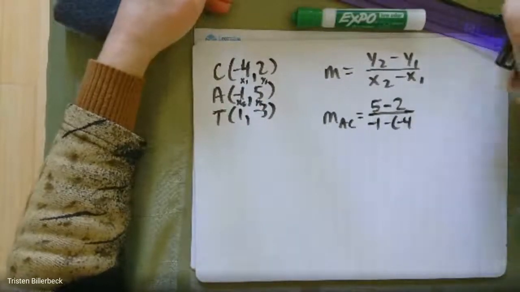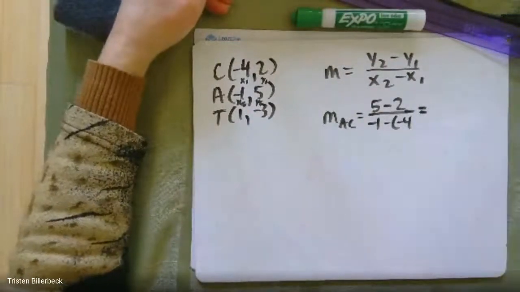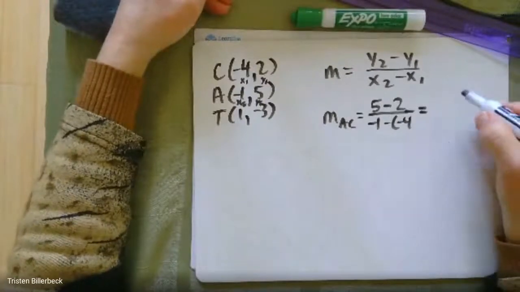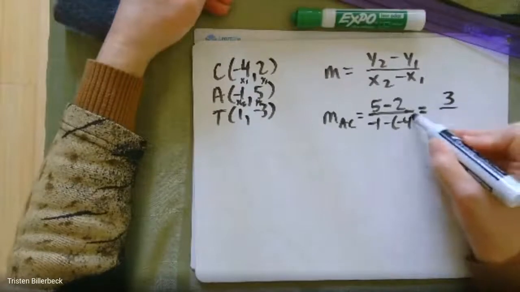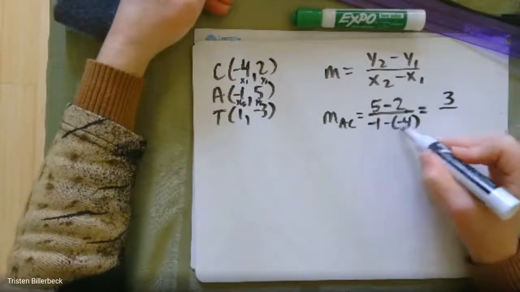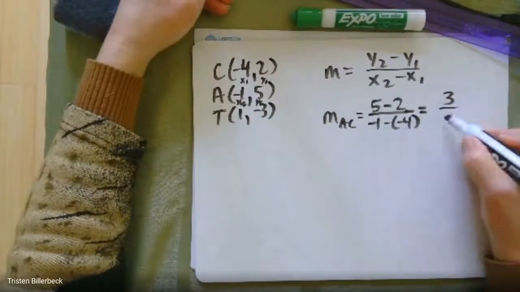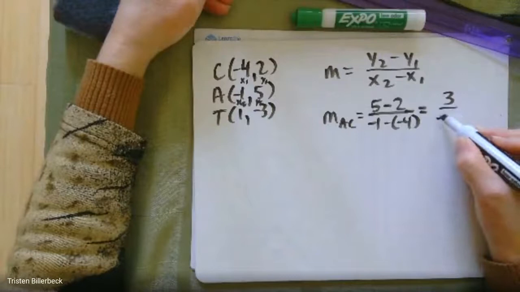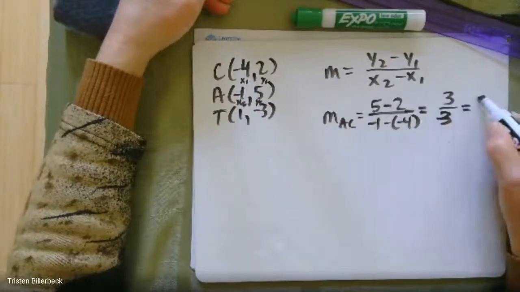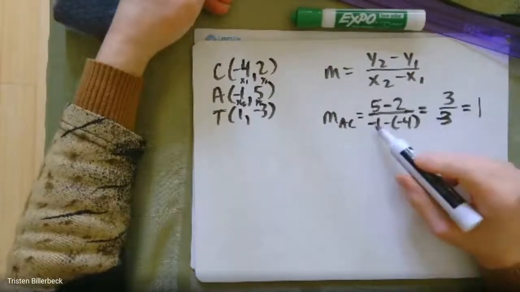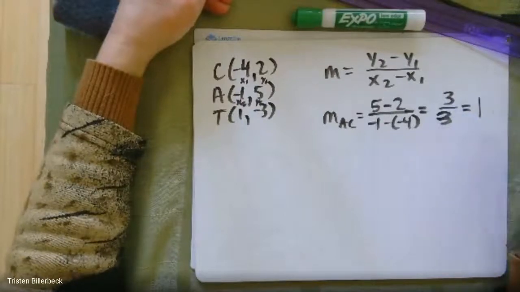And if you're worried about which one should be x2 and which one should be x1, we'll talk about that in a moment. So 5 minus 2 is 3, and this becomes a plus because there's a negative. So 1 plus 4... oh, no, that's just 3. Getting a little tired. Okay, so -1 plus 4 is +3, and that's 1.